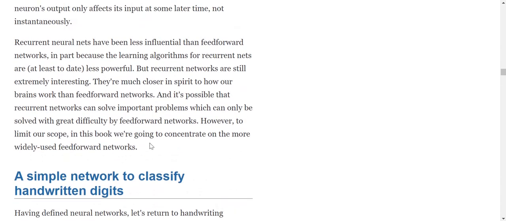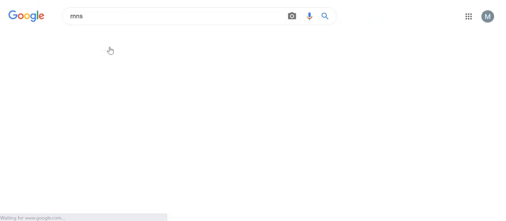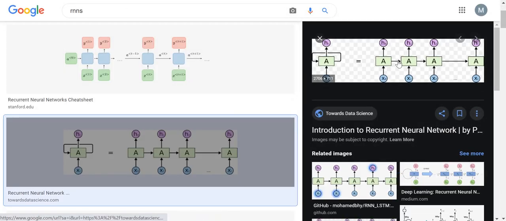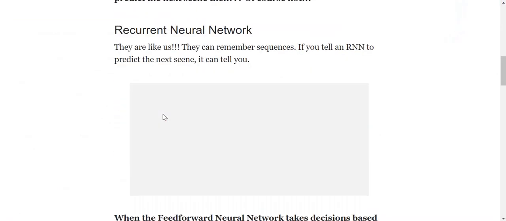To give you an idea of what recurrent neural networks are, I'll show you an image which would make it much clearer. So, this is what recurrent neural networks look like.